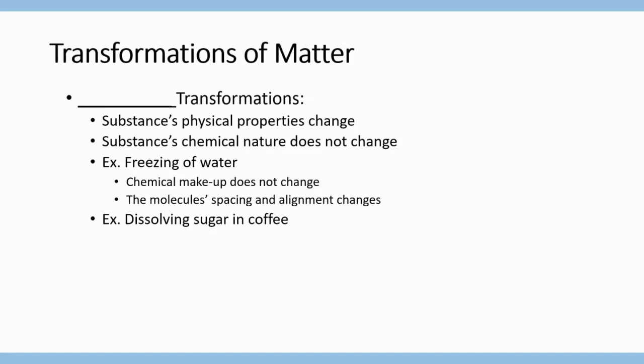And that substance is chemically different from the starting materials, which we call reactants or reagents. The chemical nature of the substance changes. We saw that in the video with iron and sulfur. And then a chemical transformation involves the breaking and or the forming of chemical bonds.